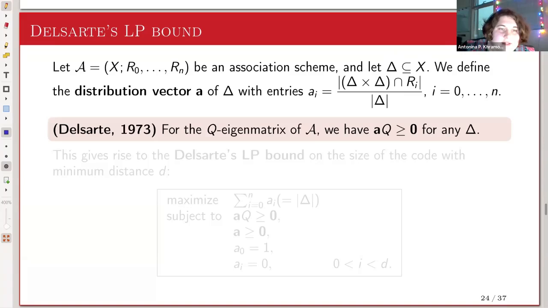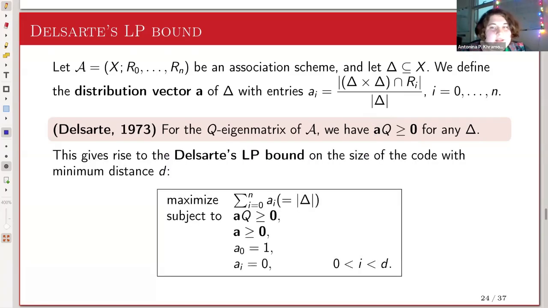So Delsarte in his thesis showed that for any choice of delta, this inequality holds, which connects the distribution vector and the second eigenmatrix of the scheme.